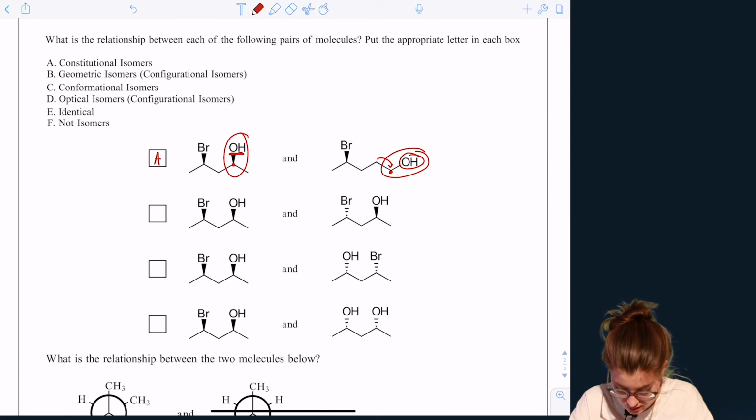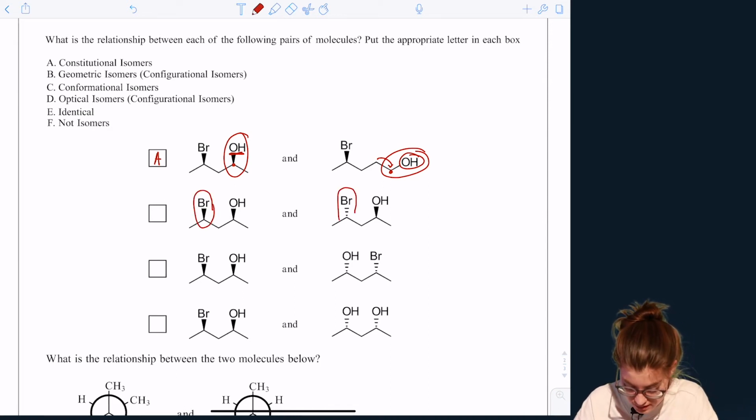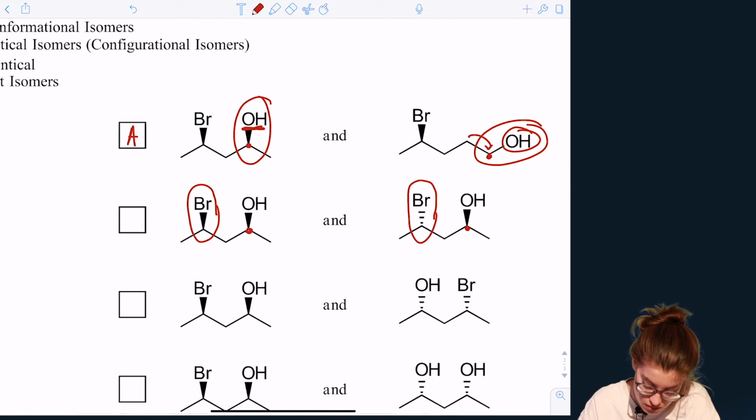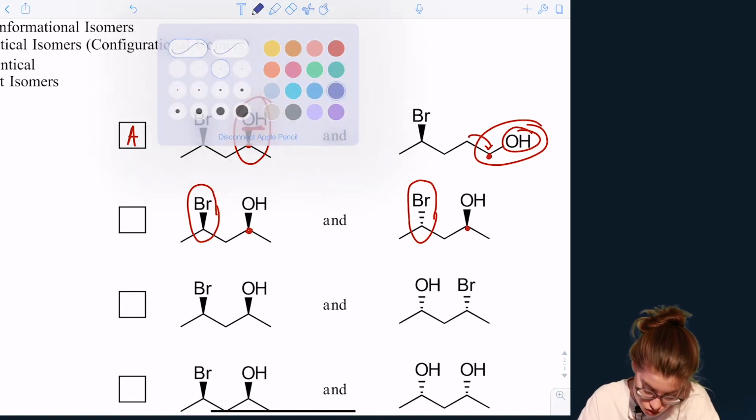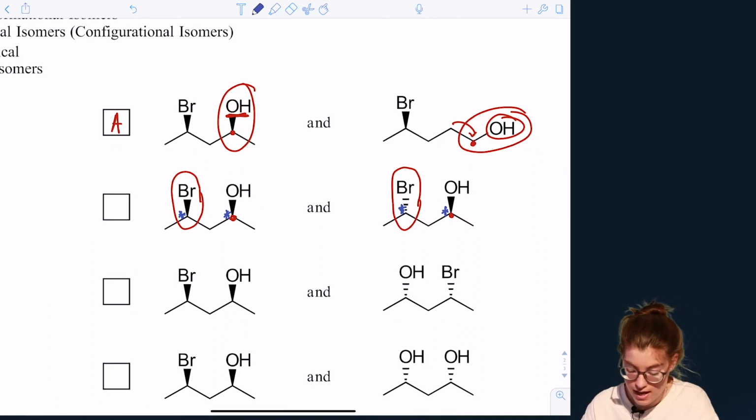Okay, let's look at the next one here. All right, so what I see is a difference here. This bromine is on a wedge, but this bromine is on a dash. But then I also notice that I have another chiral carbon here. So in other words, this molecule has two chiral carbons, one here and one here, and similarly, one here and one here. So the bromine has flipped.